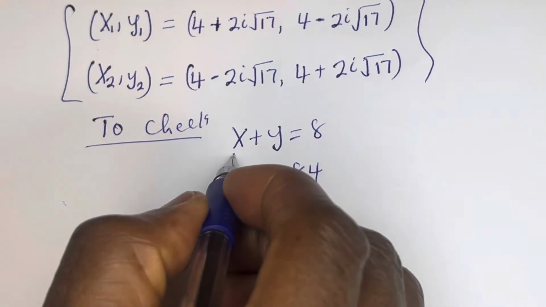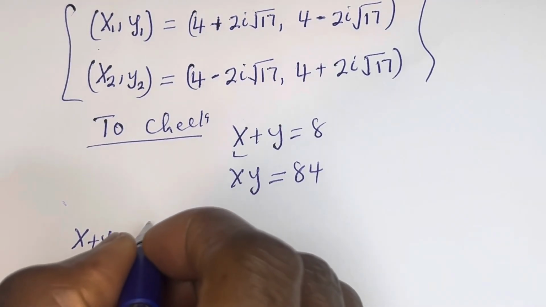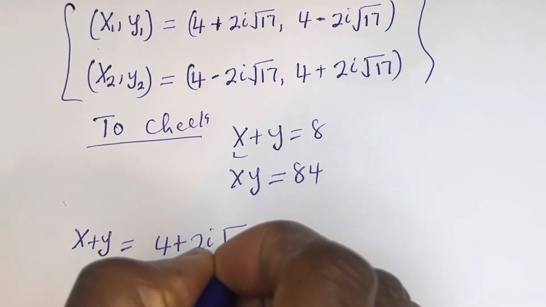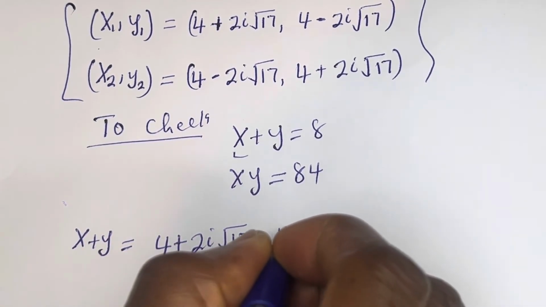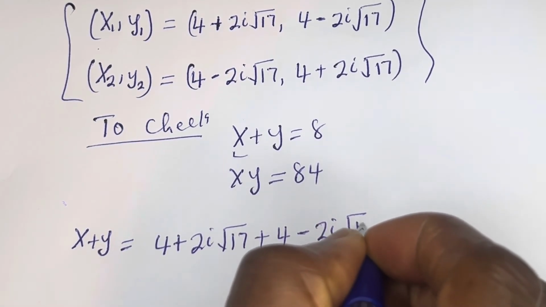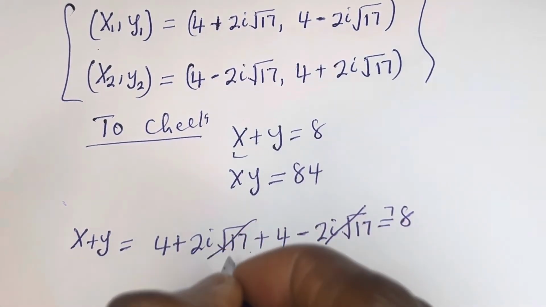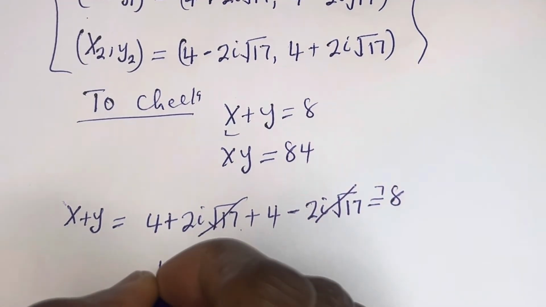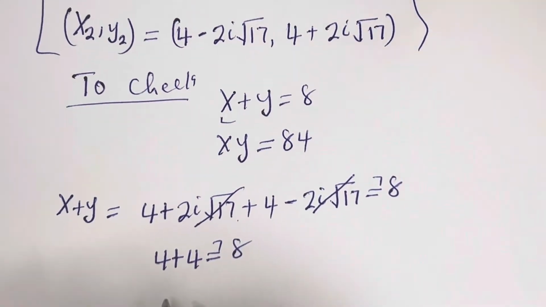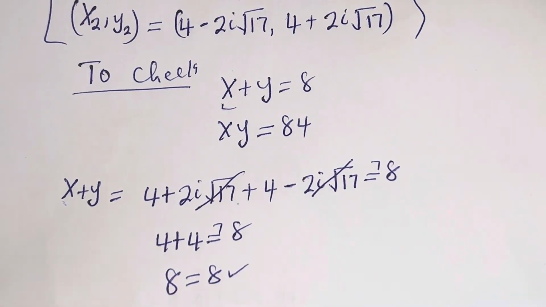Now let's consider this. s plus y is equal to 4 plus 2i square root of 17 plus 4 minus 2i square root of 17 must be equal to 8. This, we cancel. We have 4 plus 4 must be equal to 8. 4 plus 4, this is 8, is equal to 8, which is true.